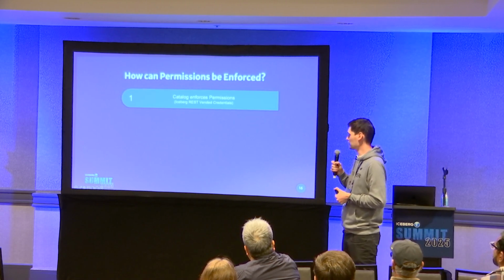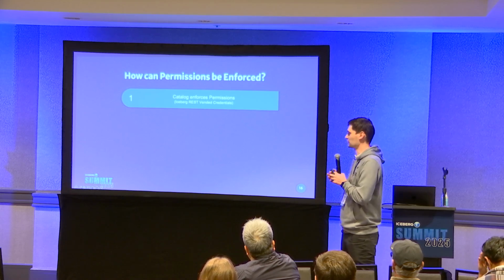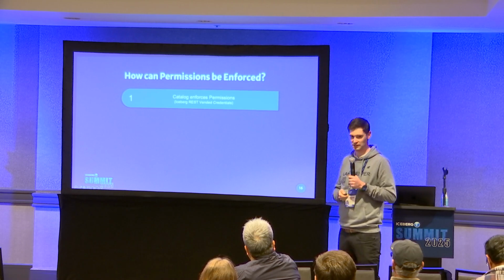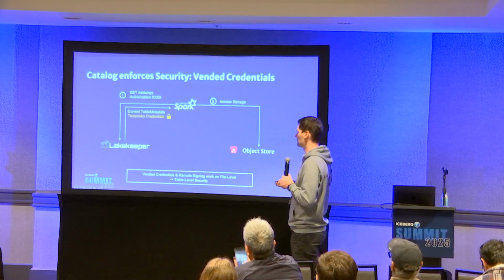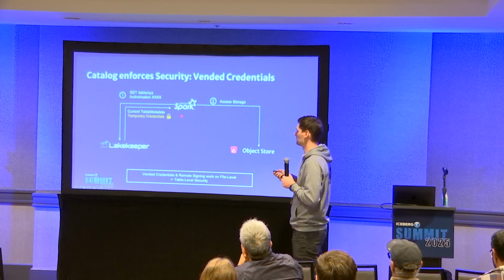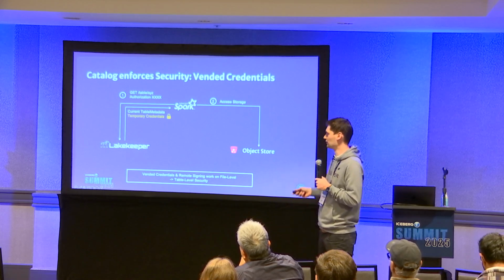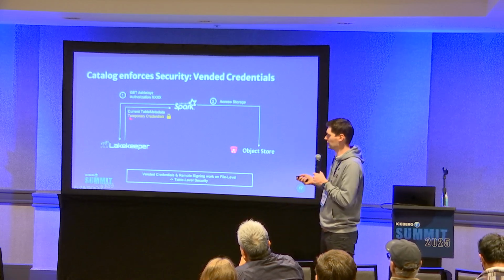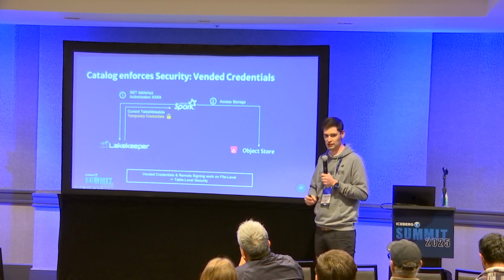The first option that we currently have, as part of the Iceberg REST catalog specification, is vended credentials. A little recap of how that works. We have a query engine, and the query engine has a user token, right? So some kind of authorization header. It accesses a catalog. The catalog hands out temporary credentials that are scoped to the location of the table.